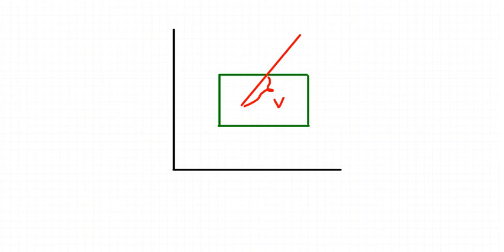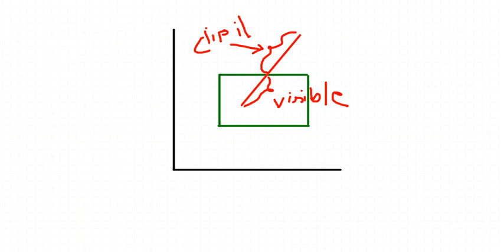This is the visible portion of the line, and whatever is there outside the viewing window, just clip it or discard it.